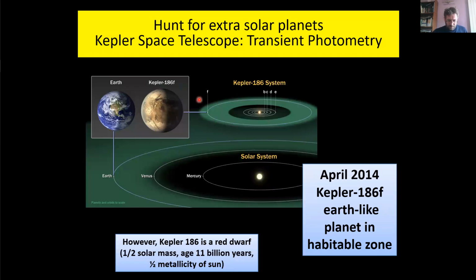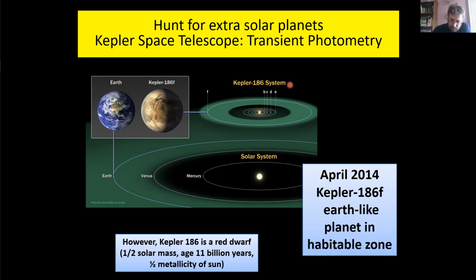Better was then April 2014, the Kepler 186 system, and there the planet with the name F. So the star is A, then the next one is B, C, D, E, planet F. Wow, that is almost in the habitable zone, Mars-like, and it was really almost one-to-one Earth-like.